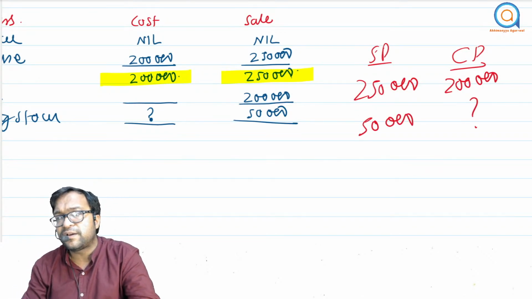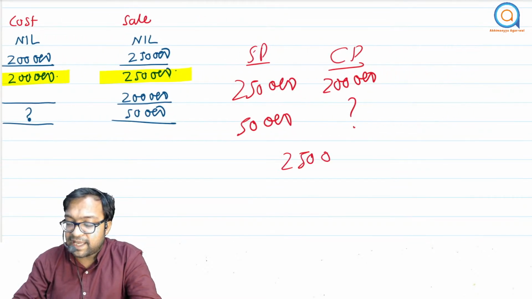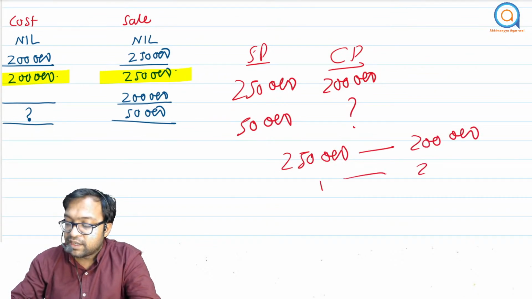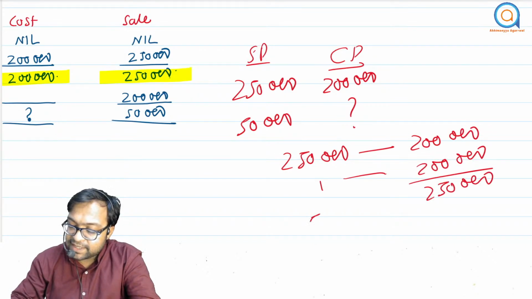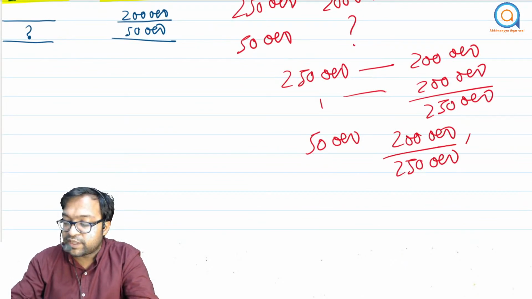This is the question. Logically, if the sale price is 250, cost is 2 lakh. If the sale price is 1, cost will be 2 lakh divided by 250. If the sale price is 50,000, your cost will be 2 lakh divided by 250 into 50,000.